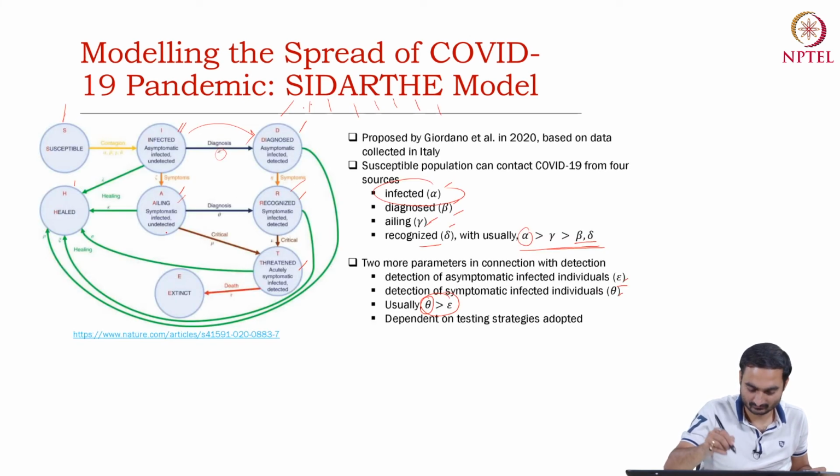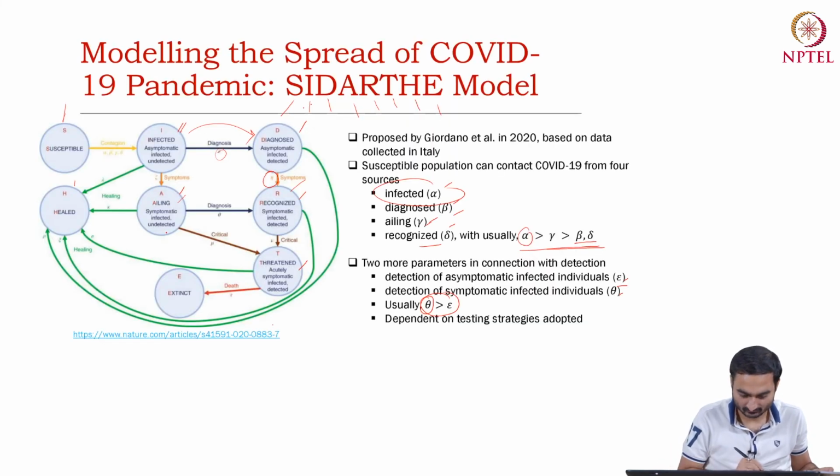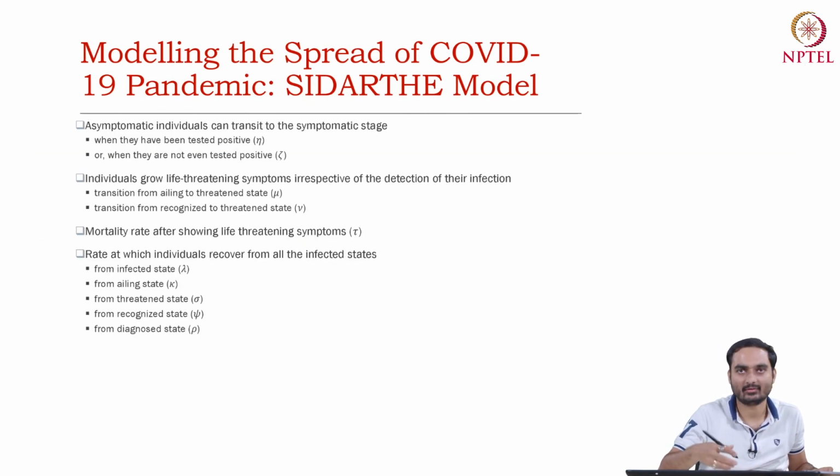So you see here in this figure, right, this one and this one, right, asymptomatic to symptomatic, infected to ailing and diagnosed to recognized, right. You may again want to control the parameters depending upon the actual real values.